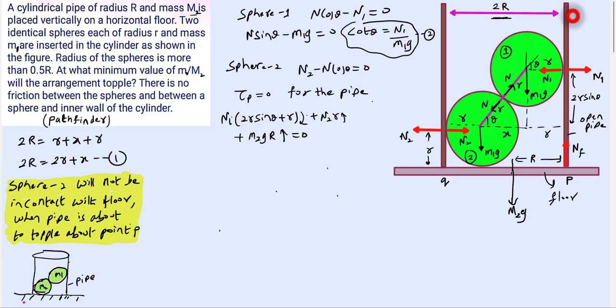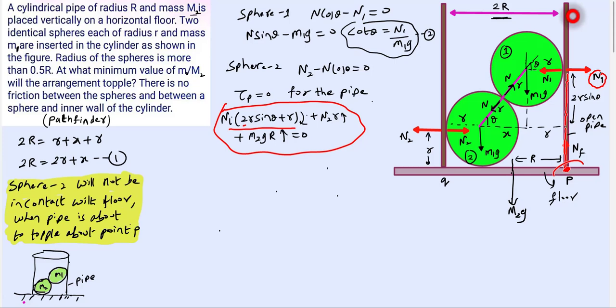This is the very important part of the problem solving. About point P, the torque due to the normal contact N1 should be N1 into 2R sine theta plus R, and it will be clockwise.